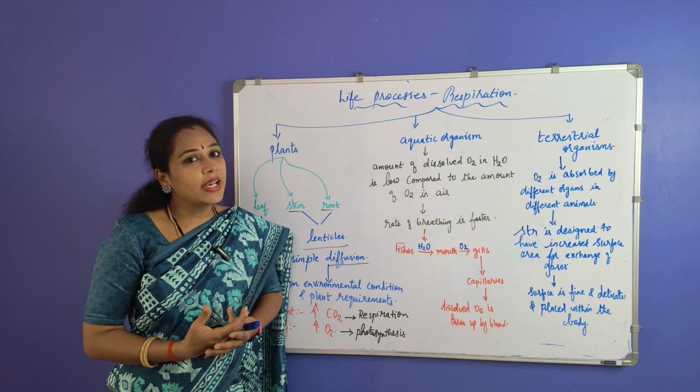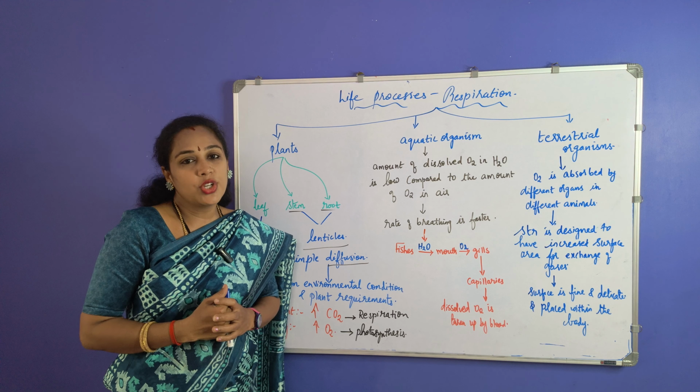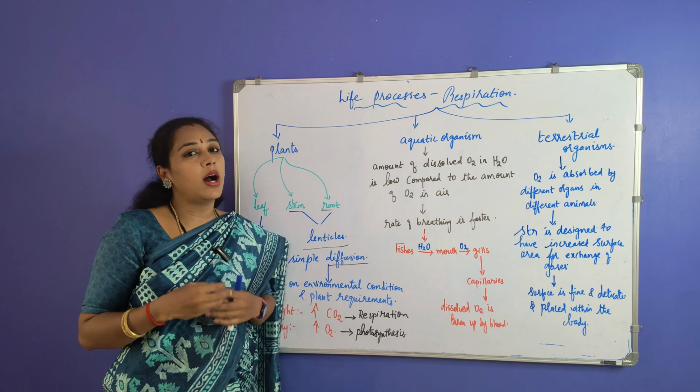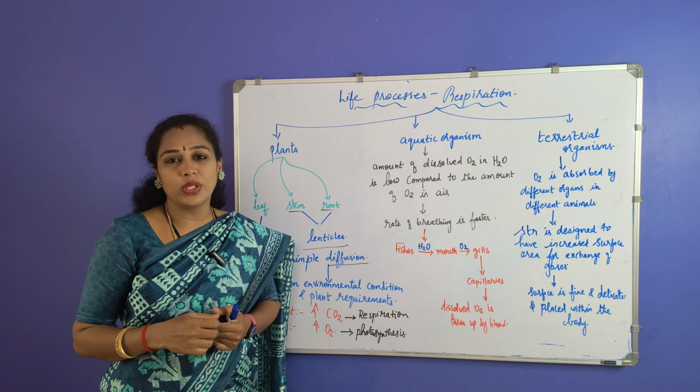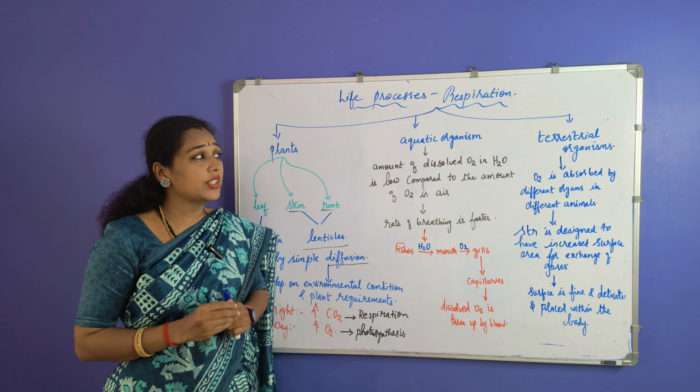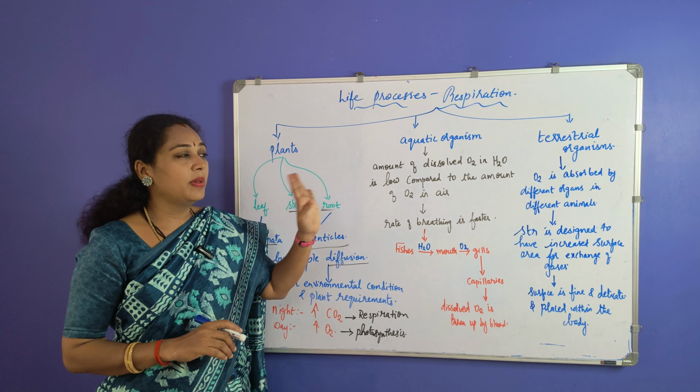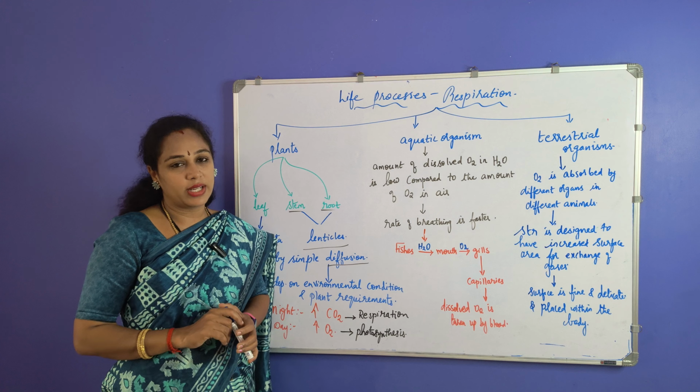Like how we are eager to know the nutrition process that is taking place in the human being, we also want to know how the respiration process takes place in human beings. So we will discuss the respiration taking place in humans, and that will be the example for the terrestrial organisms.